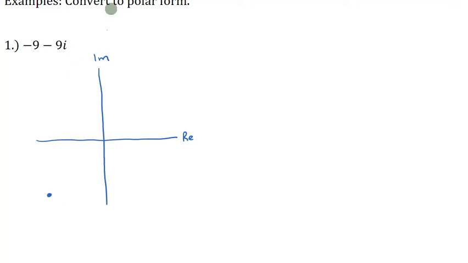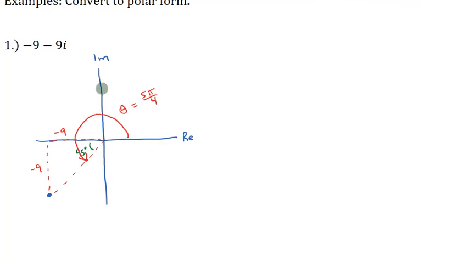If I look at this right triangle that's formed, since this side is -9 and this side is -9, that's my a and my b, I can tell that my reference angle here has to be 45 degrees because those two sides are equal. Which means that my theta is going to be, I'm going to rotate to pi, and then I'm going to rotate one more pi over 4, so theta equals 5 pi over 4.